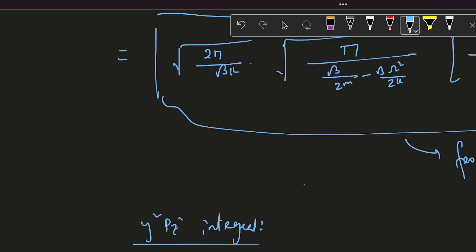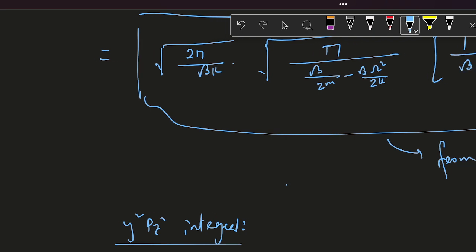So first of all, you have root over 2 pi by beta k, 2 times, so this is a whole square, into, from the dpz integral, you have root over 2m pi by beta.